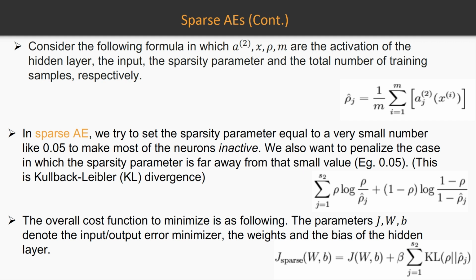So the overall cost function to minimize is as what you can see here in the third formula. The parameters J, W, and B show the input-output error minimizer, the weights, and the bias of the hidden layer. By minimizing this total cost function, we would be able to find the weights and the bias values that would provide us with the sparsest hidden layer.